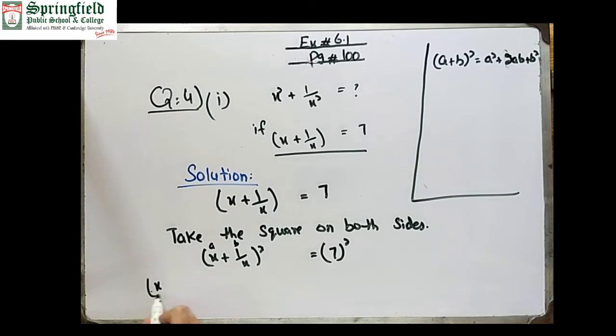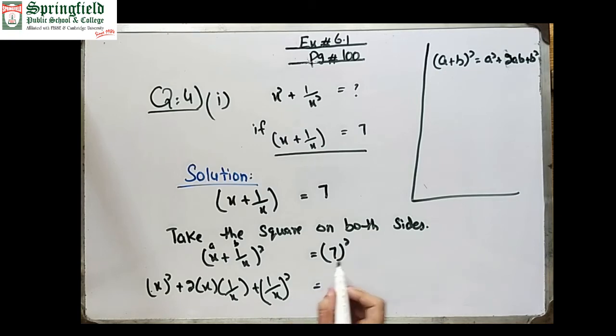So a square plus 2ab plus b square is equal to 7 square, means 7 will multiply 2 times, 7 multiply with 7, 49. Fine. So look at here, x is in denominator, x is in numerator both, so they can be cancelled.